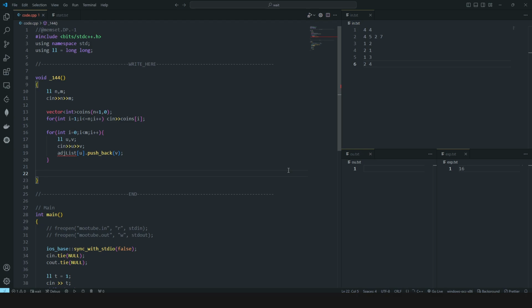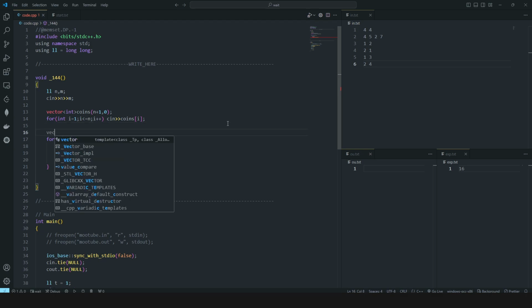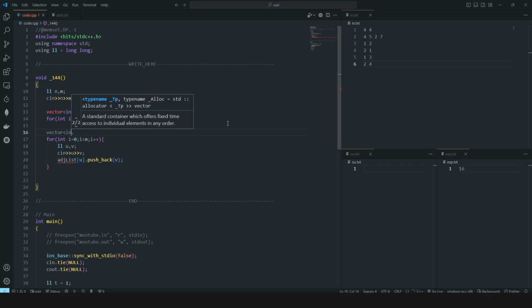And one more thing, I think I should initialize this adjacency list. So it will be like this, and its size will also be n+1. So I'll be using one-based indexing here also, right?